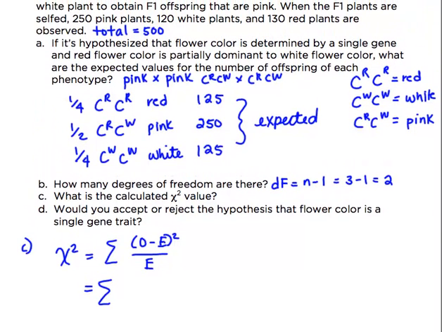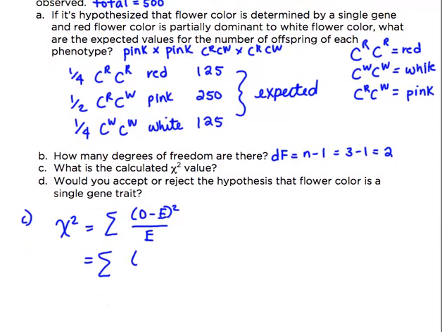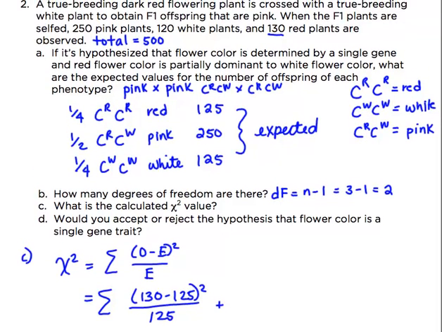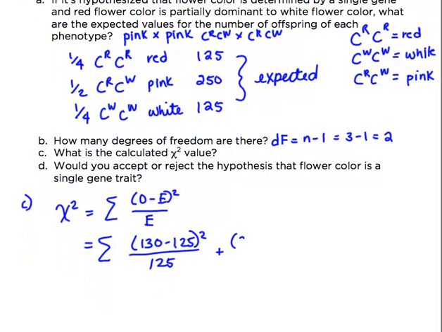So for the first class, red, we observed 130 and we expected 125. So 130 minus 125 squared over 125. For pink, we expected 250, and we saw 250. So we know that this is going to equal 0 because 250 minus 250 is 0, and therefore that whole term will be 0.